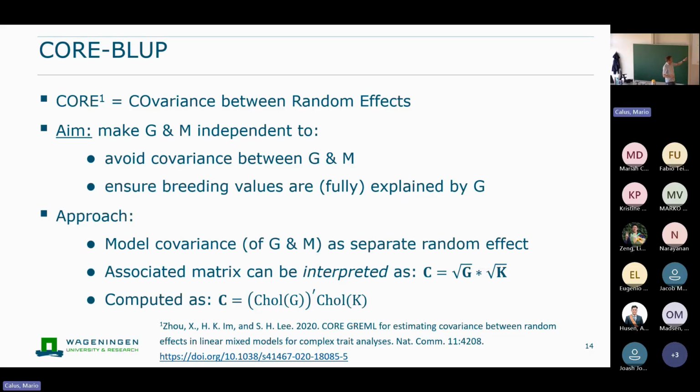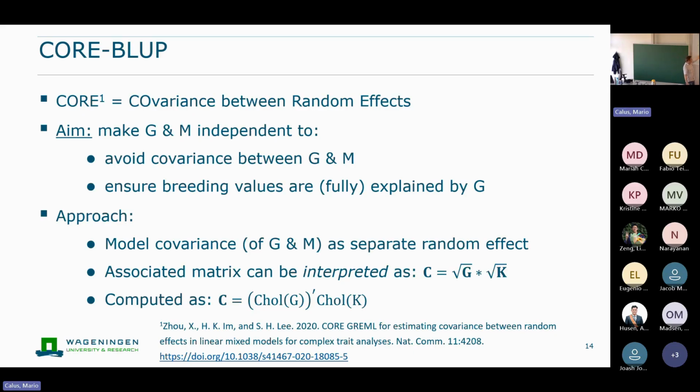Here what we may want to do is model the covariance between the random effects. The approach taken here is that the covariance between the two components is modeled as a separate random effect. That's perhaps a little bit confusing at first.